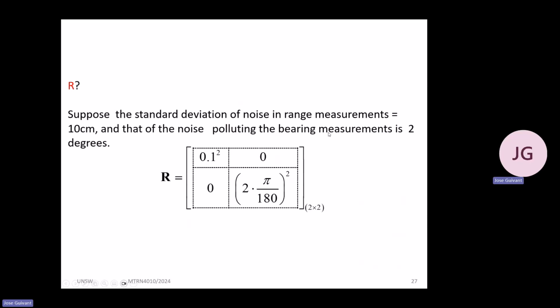And if they tell me that the uncertainty polluting the angular measurement alpha is 2 degrees, I will do the same thing. There will be the standard deviation, 2 degrees. And because in my case I'm working in radians, I convert to radians, and this is what I get. My marginal variance, talking about the noise polluting the measurement of alpha.